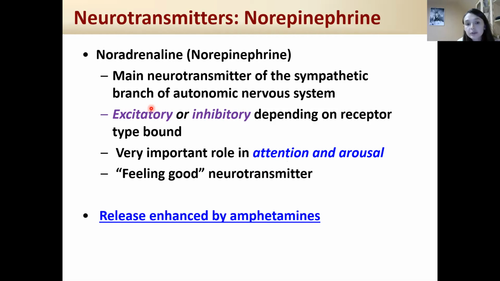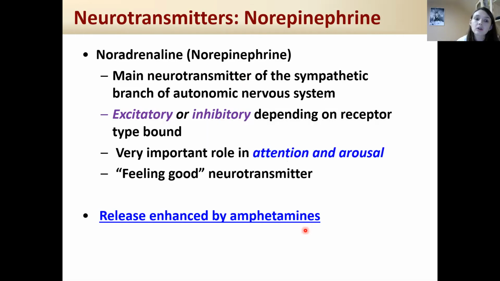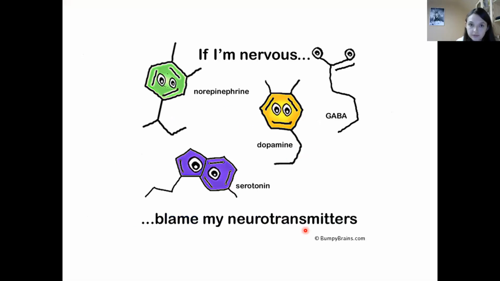Its release is enhanced by amphetamines. So people who take a drug such as amphetamines will have a release of norepinephrine, which will increase the effect of feeling good.